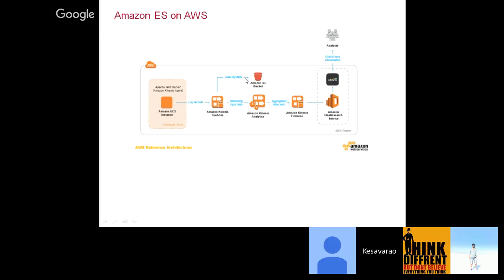The raw log data goes into S3 buckets, and after real-time analytics is completed, you are aggregating the data sets, and again you might be using Firehose to do some transformation, and finally use it for your Elasticsearch service. And that's how you may be using output data visualization from the Elasticsearch service. This is more like Google Analytics or IBM Watson Analytics, whatever you call it. This is one way of looking at how visualization can happen.